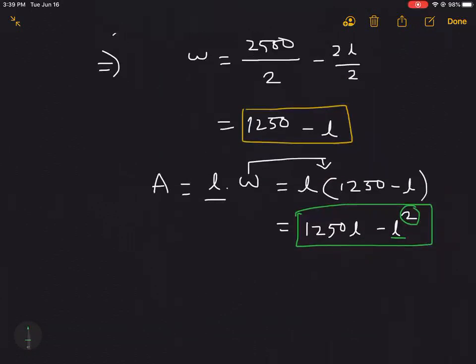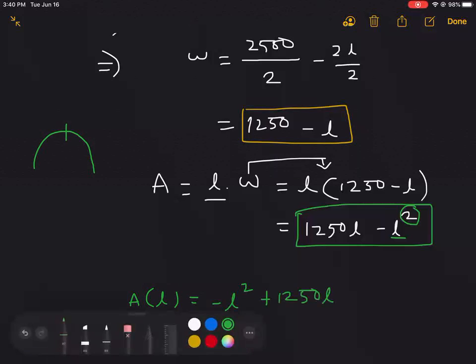So first of all, as we are trying to maximize, our intuition should say that we'll have a shape like this, right? Because on that occasion, this will be the maximum point, the absolute maximum. So let us check what our concept says. In terms of L, my function is now negative L squared plus 1250L.